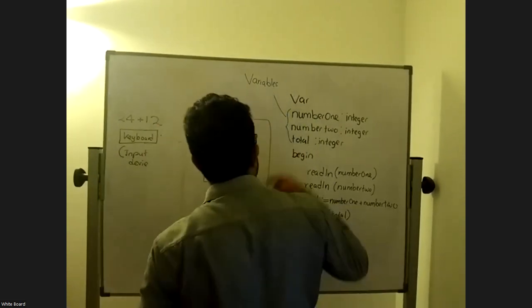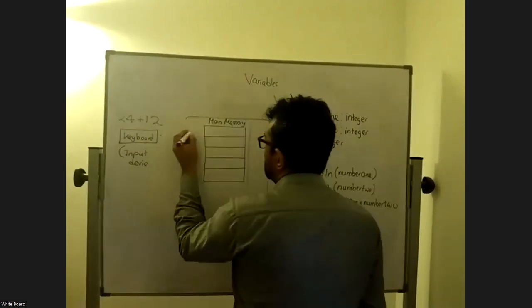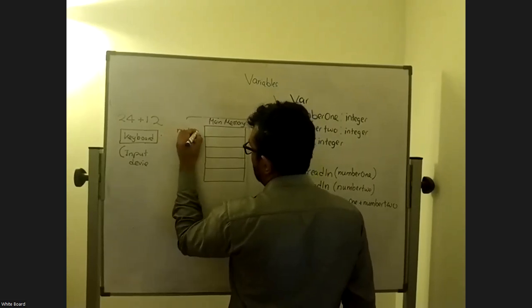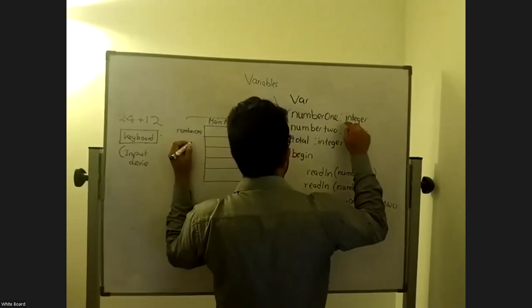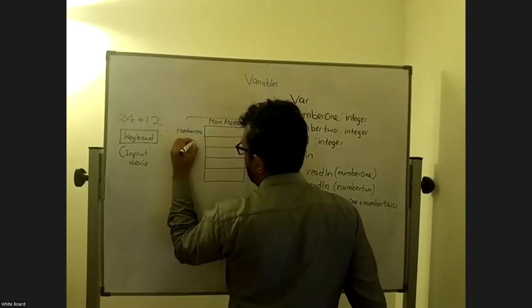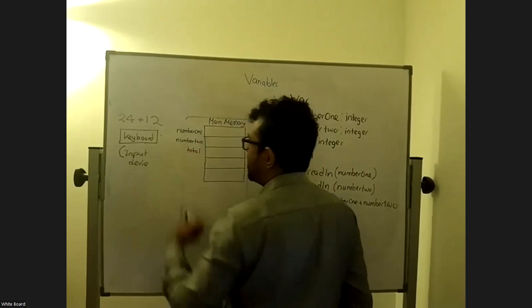And when you create variables in your program like this, locations in the memory are allocated to store the values related to the program. So number 1 and number 2 and total are allocated like this.